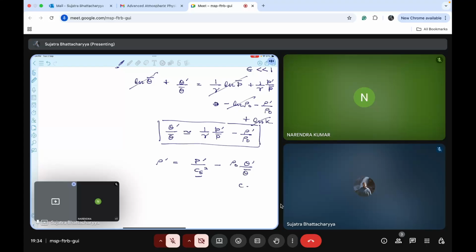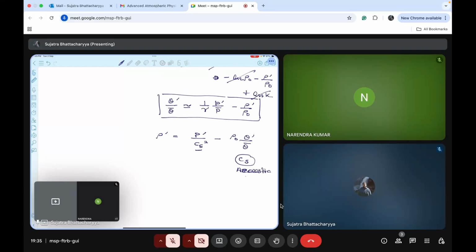Because cs is the acoustic wave speed, which is very large. So cs square is very large, hence this term can be neglected. So rho dash by rho naught becomes roughly equal to minus theta dash by theta bar. Remember this, we will be using this.